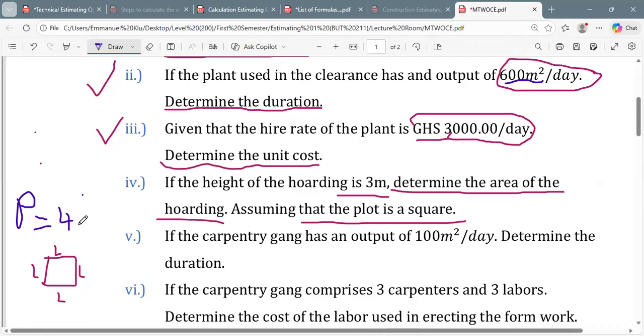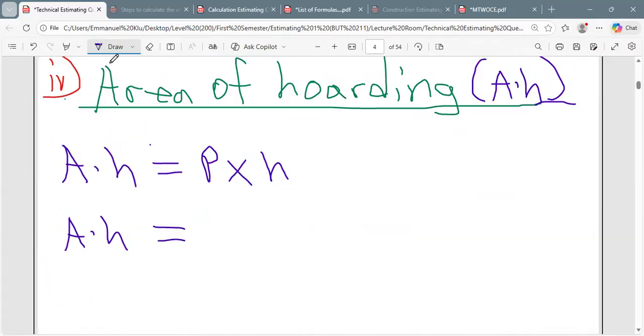Our perimeter is 4L, because if you have P is equal to L plus L plus L plus L, they all have a coefficient of 1. If you add them, you can just write 4L. That is all.